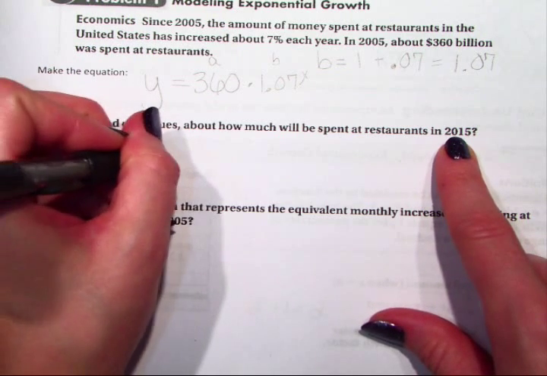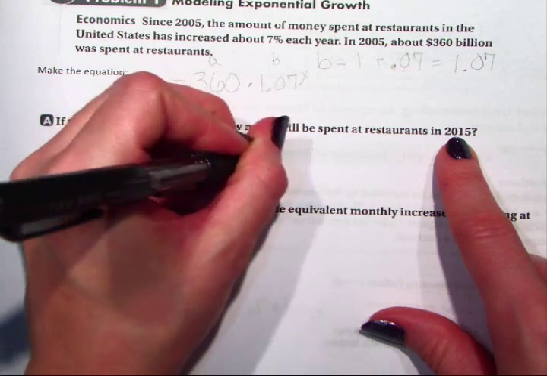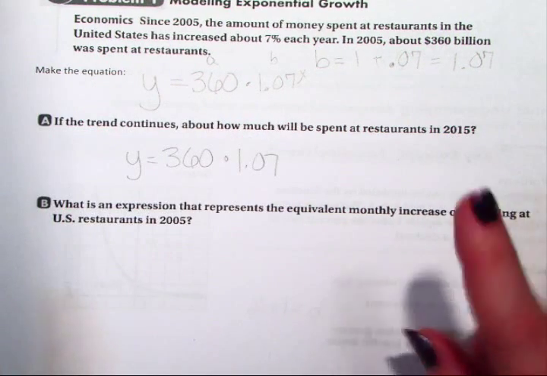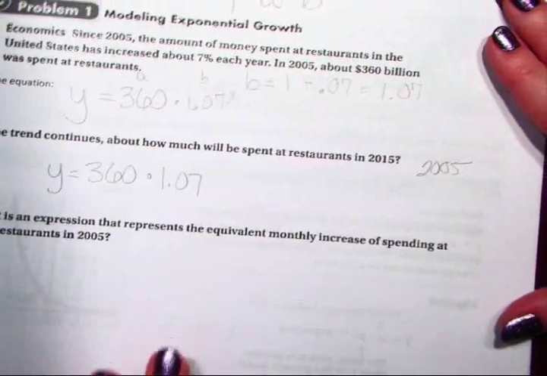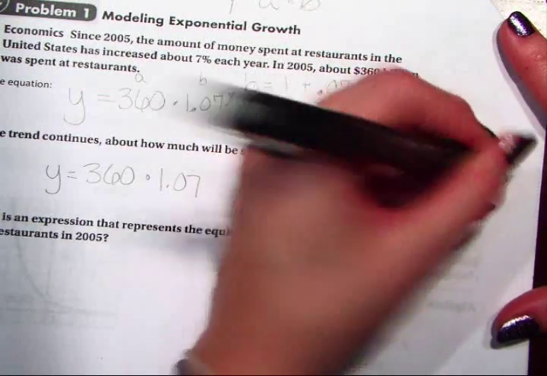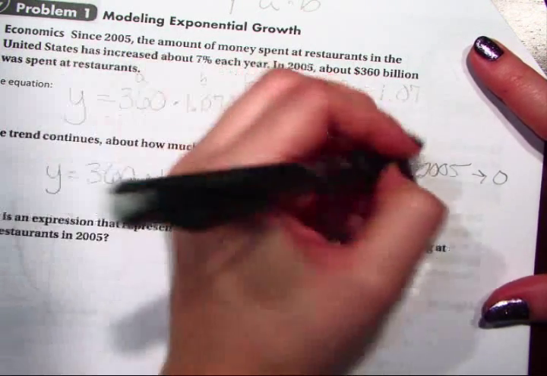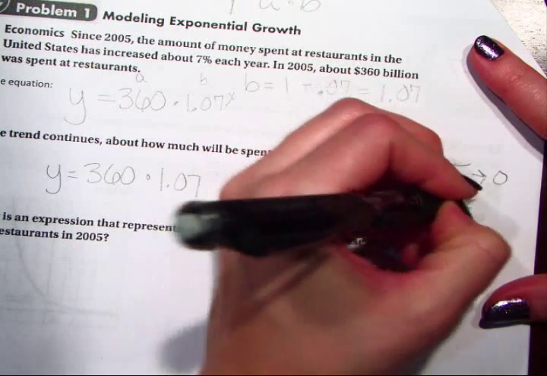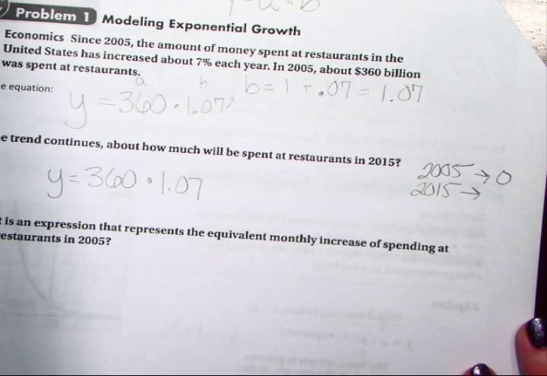We're going to do y equals 360 times 1.07, but take a pause, okay? Because 2005 is when this problem started. That would technically be year 0. So, Mr. Langella, if 2005 is technically 0, how many years have elapsed until 2015? I'm going to guess 10.